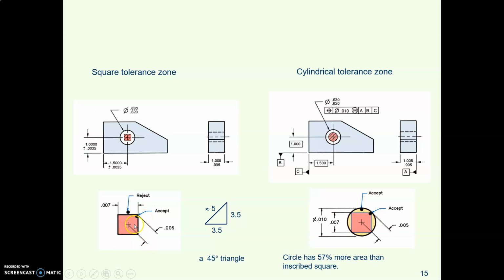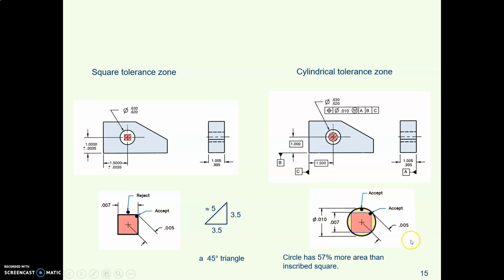This is a light red zone within which the actual center of a hole must lie. And we saw a few days ago how that was illogical because you could have a hole that was 5/1000ths away from true position, and if it was off in a 45-degree direction you'd accept the hole, but if it was off in a vertical or up and down direction you'd reject it.